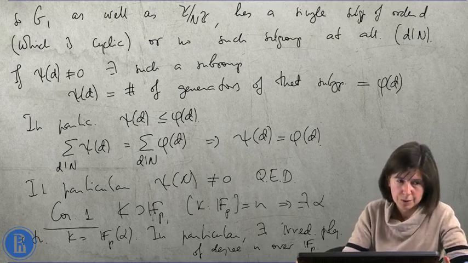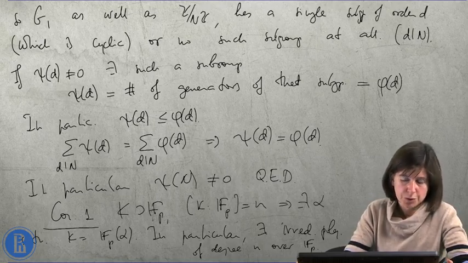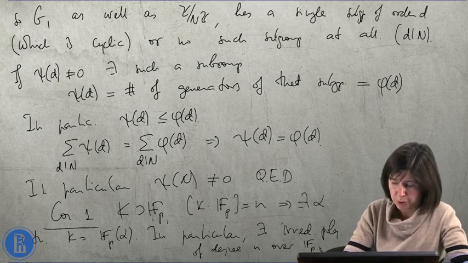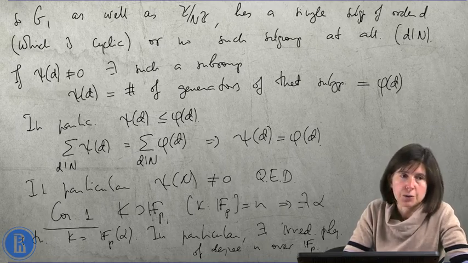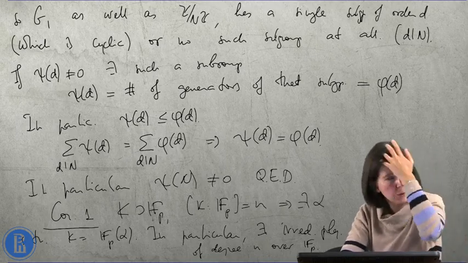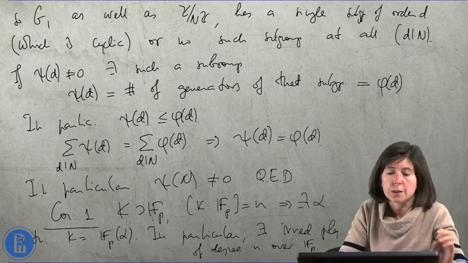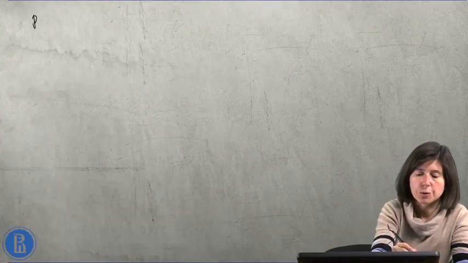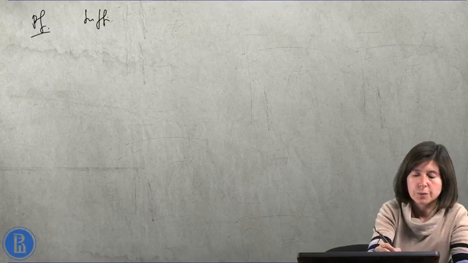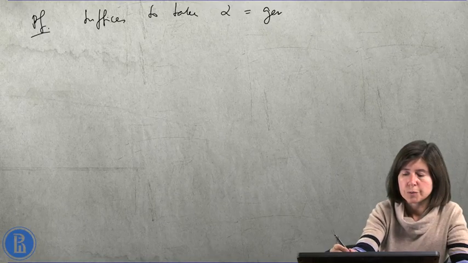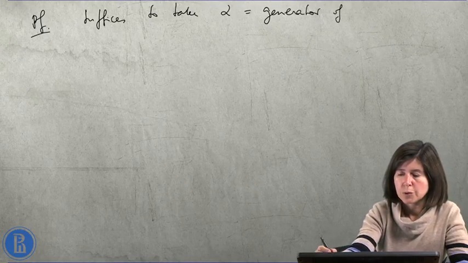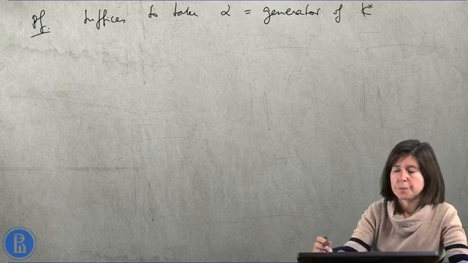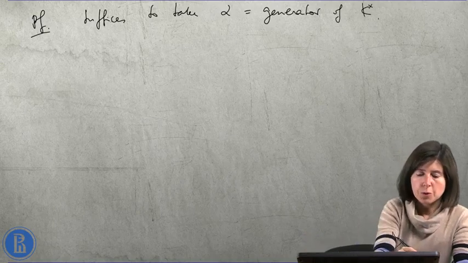This is the thing which we don't know yet. But the proof is, of course, very easy. Since we know that the multiplicative group is cyclic, it suffices to take for alpha a generator of K star.